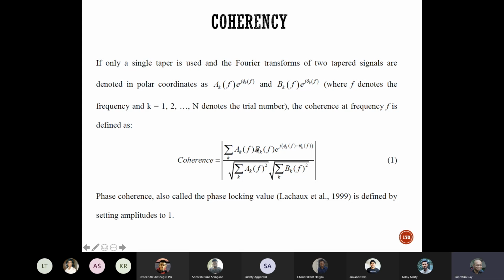It's a concept that should be appreciated more. In fact, we actually wrote a paper just on this, and we showed how phase consistency gets biased by amplitude correlations.